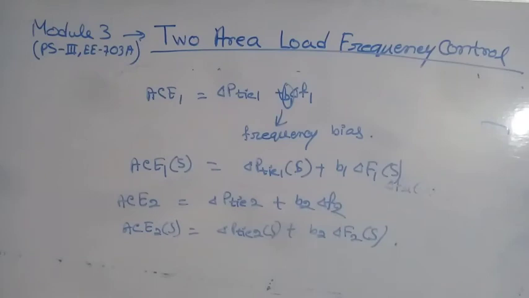Now let the step changes in loads delta PD1 and delta PD2 be simultaneously applied in control area 1 and control area 2 respectively. When steady state conditions are reached, the output signals of all integrating blocks will become constant, and in order for this to be so, their input signals must become 0.